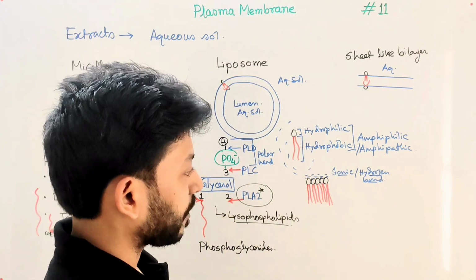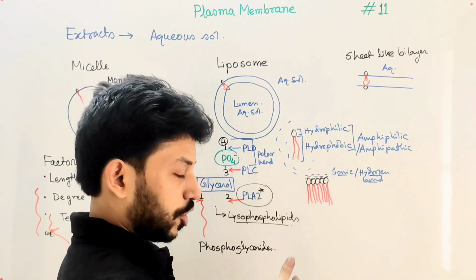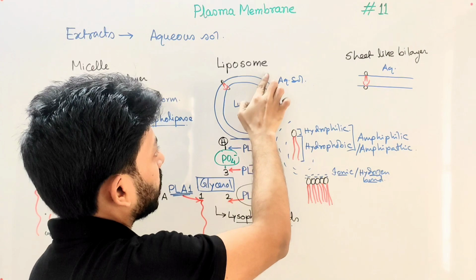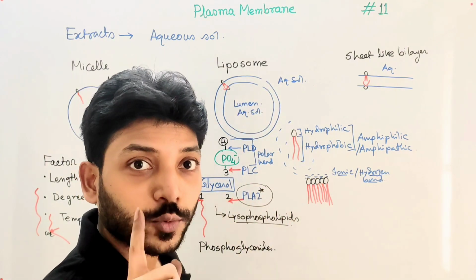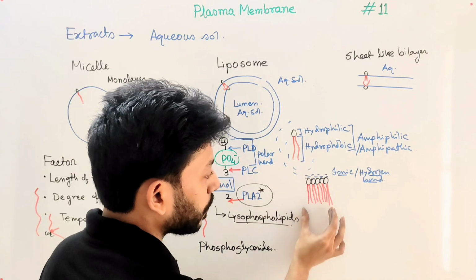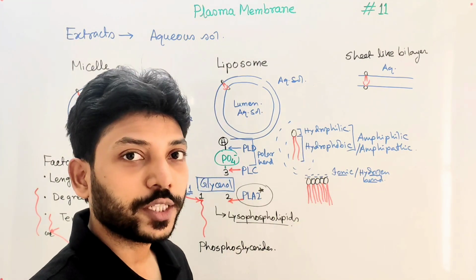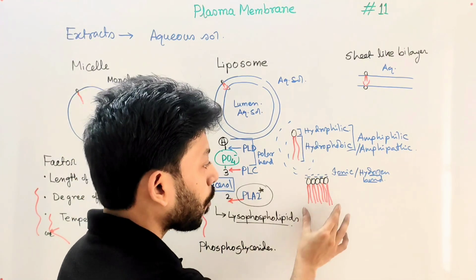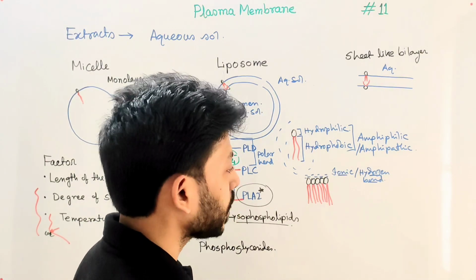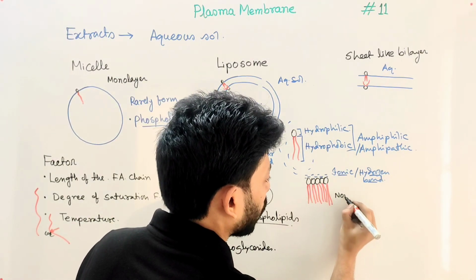Now if there is any edge in the membrane that is exposed to the water, that will create a problem, because these lipid molecules or the fatty acids avoid water. They are non-polar in nature. We call this hydrophobic nature non-polar.